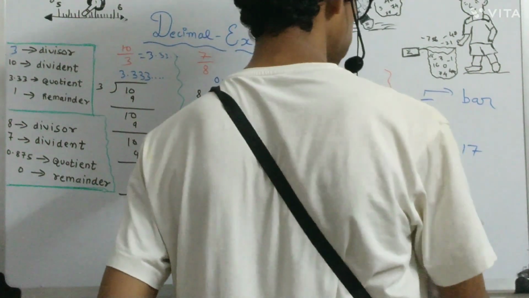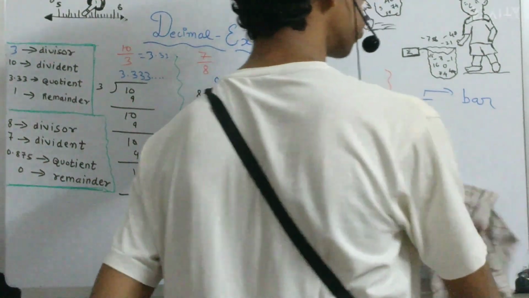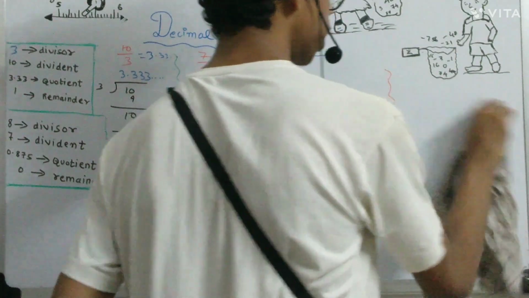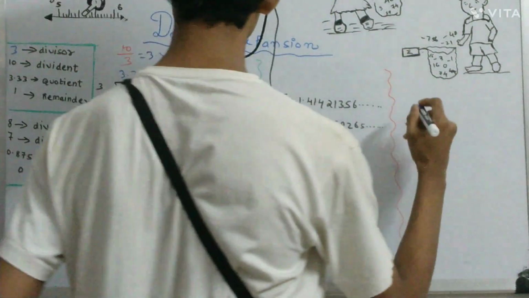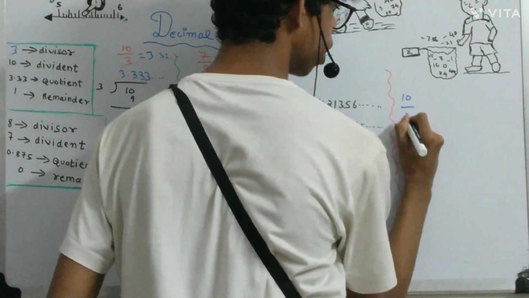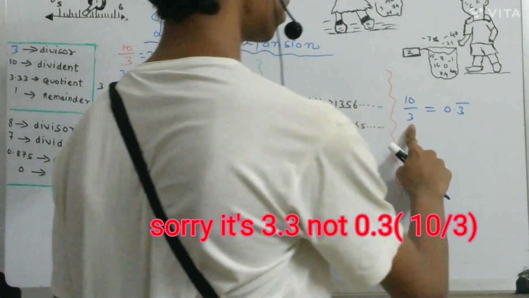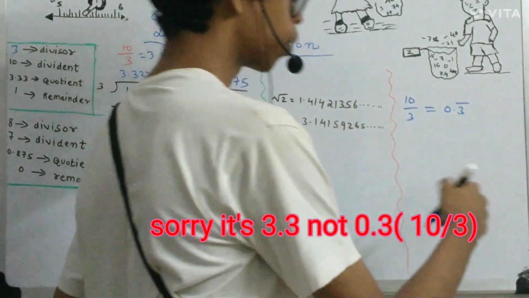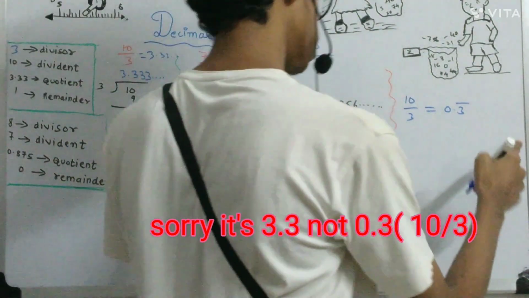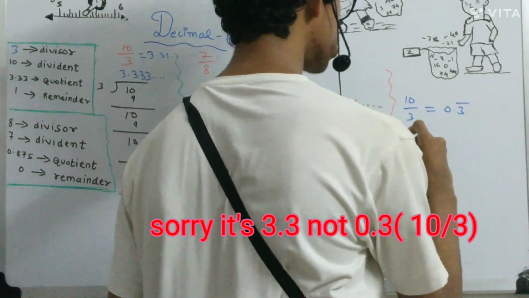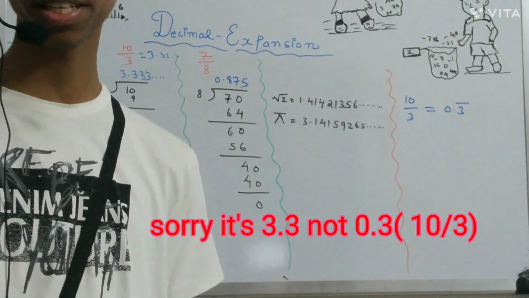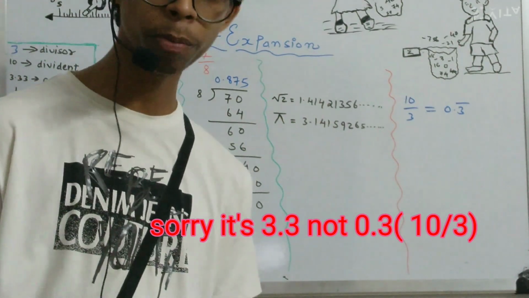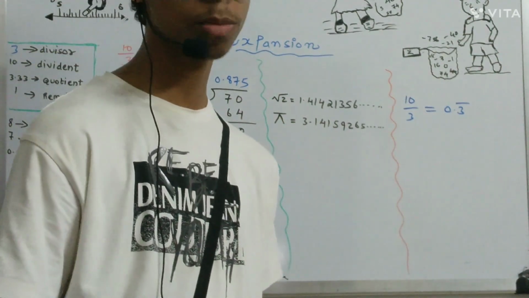So whenever after the decimal point any particular number is repeating and going on, as we saw in the example when we did 10 by 3, we got our answer as 3.3 bar. Such a decimal expansion we call non-terminating repeating, otherwise non-terminating recurring decimal expansion.